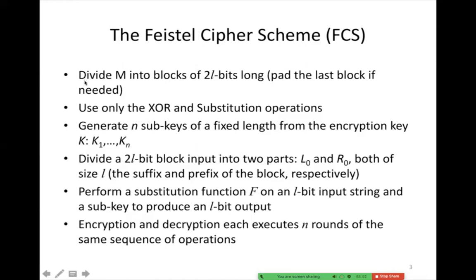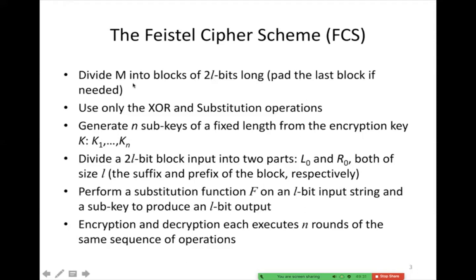So FCS divides your plain text, or your original input string, into blocks such that each block is 2L bits long. Okay, and as we mentioned, all our data is a binary string such that its length is divisible by 8. So of course the length is an even number.